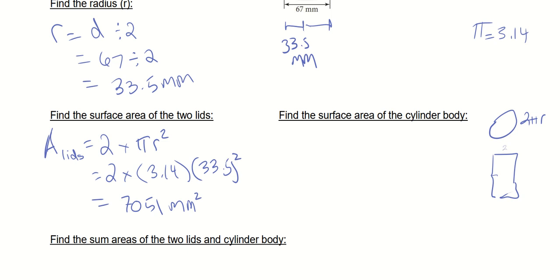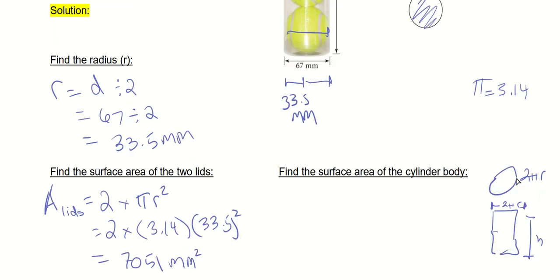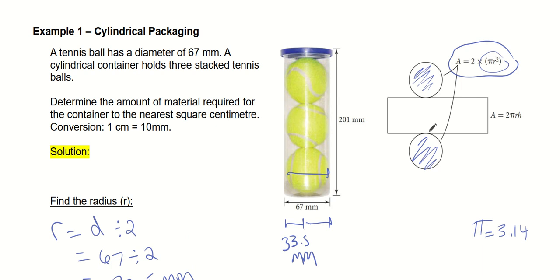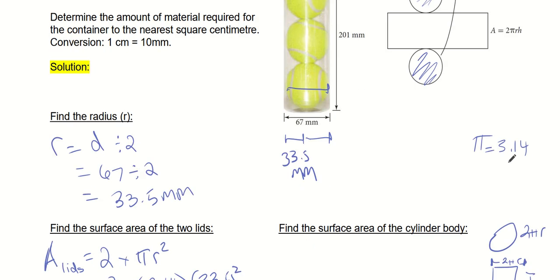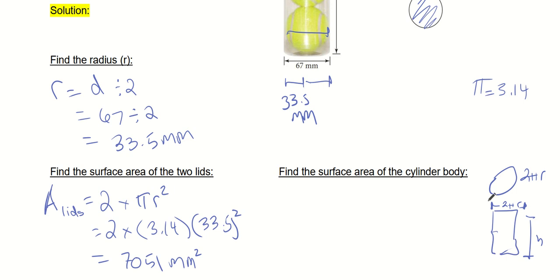So essentially this here is 2 pi r from here to here, right? And all you have to do is multiply it by the height, and that will give you the body of the cylinder. And if you look up here, this is exactly the formula you have here. Here's 2 pi r times h, which if you look down over here, is length times width.